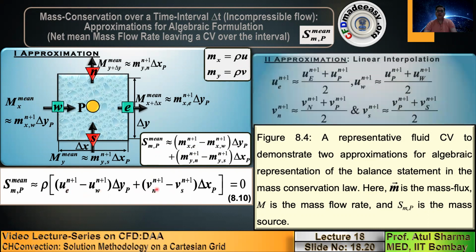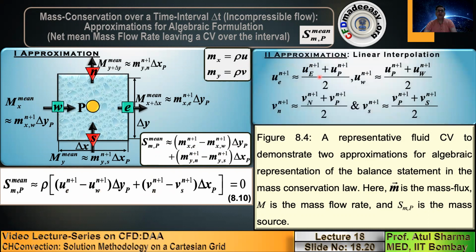And the second approximation, if it's a uniform grid, to calculate u_e here, there is another adjoining control volume whose centroid, the yellow circle, is here, capital E. So for a uniform grid, this small e is, if you draw a horizontal line, exactly in between capital P and capital E. So you calculate u_e as (u_E plus u_P) divided by 2.